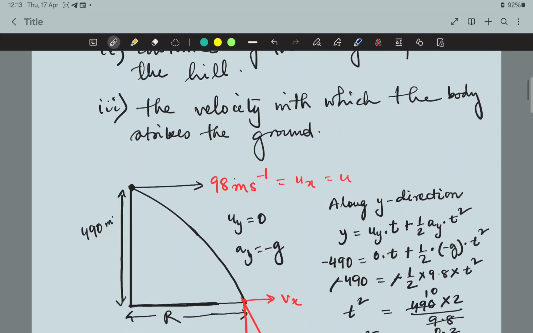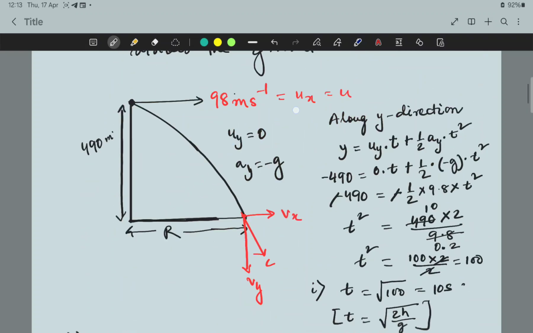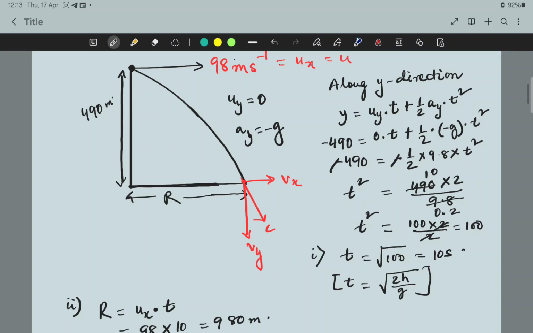Next is the velocity with which the body strikes the ground. Now from the diagram we can see that the body has hit the ground with a velocity v. Now its magnitude will be obtained by finding the resultant of Vx and Vy.